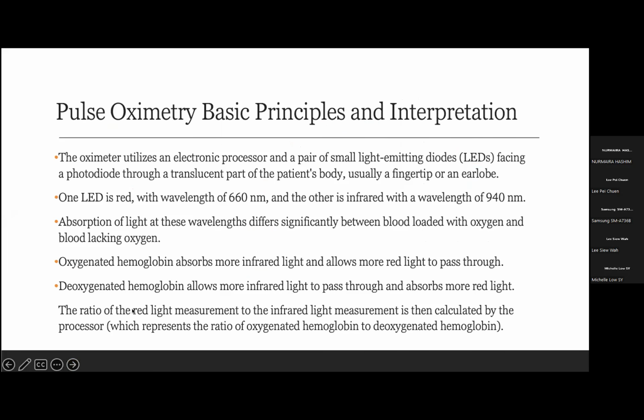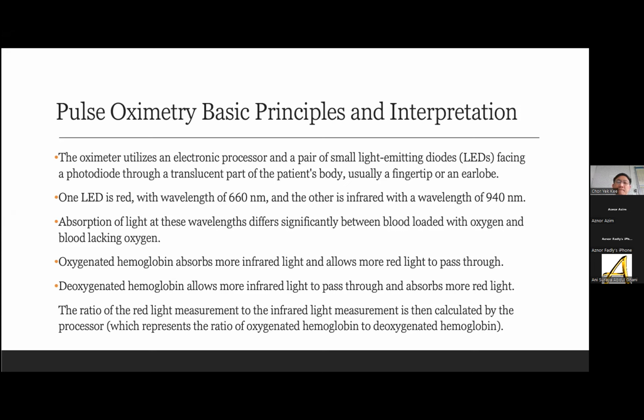So the oxygen hemoglobin dissociation curve is a very useful principle that is applied in our pulse oximeter. Our pulse oximeter utilizes an electronic processor that measures two different wavelengths of light, which are red light and infrared light. The different hemoglobin forms absorb the light differently.